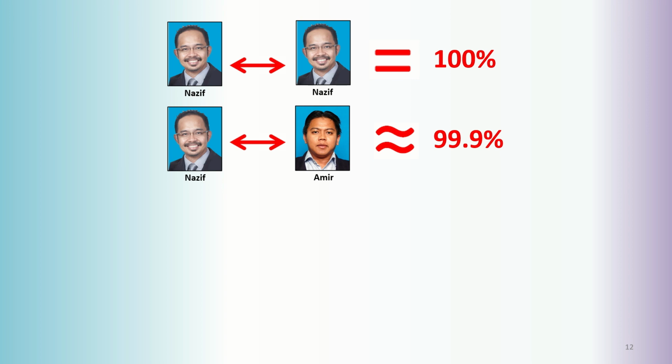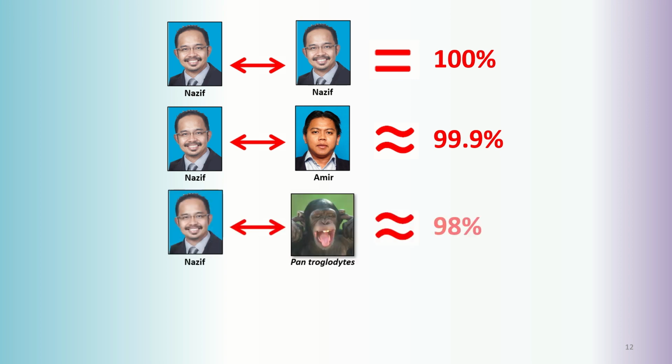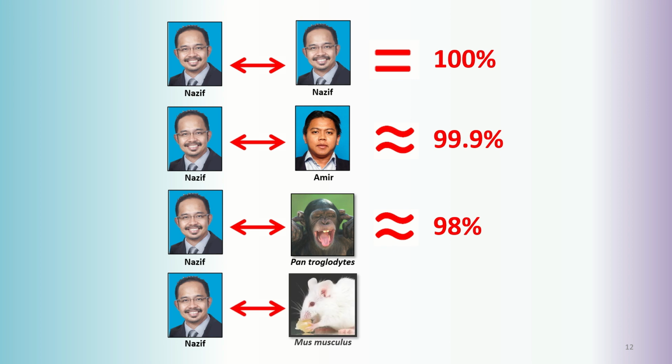It is around 99.9% of our DNA is similar. Comparing my DNA with another species, monkey, around 98% of DNA is similar. Then with mouse, around 75% of our DNA is similar.